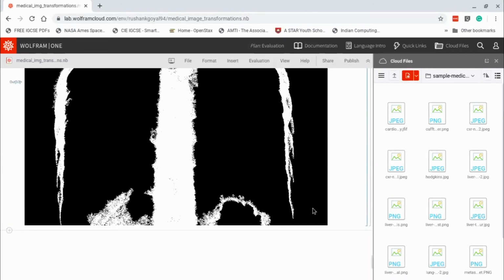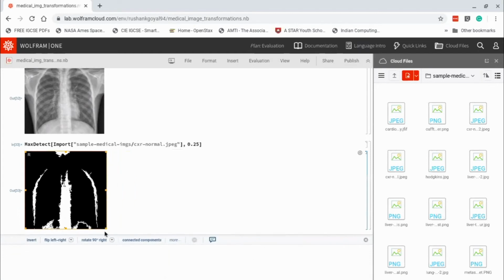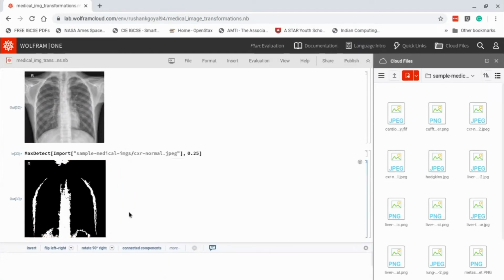So as you can see, MaxDetect has taken the areas that are white and it has enhanced them, while everything else that is below a certain threshold value of intensity has faded into the background.